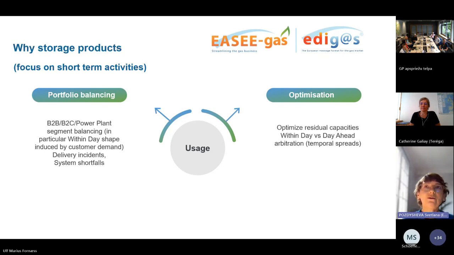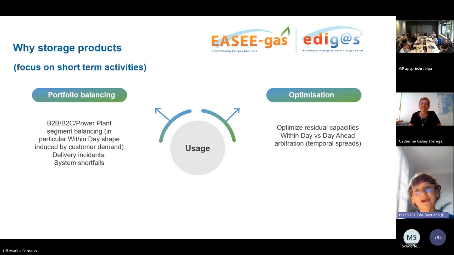So what we're looking into is a quick reaction, for instance, for power plant balancing, which is often used especially in hourly regimes, a complex shape within the day, with a lot of variation from one hour to another. Storage also allows us to reply to delivery incidents or system shortfalls, all unforeseen events which may happen during the delivery.